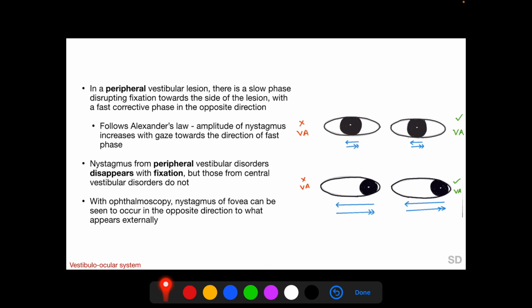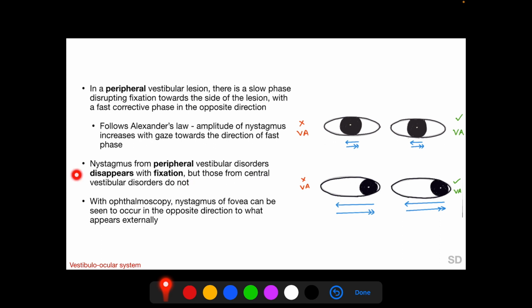And it follows Alexander's law, which states that the amplitude of the nystagmus increases with gaze towards the direction of the fast phase. So when the patient takes on a gaze in the direction of the fast phase, the amplitude of the nystagmus increases. When the patient takes a fixation, nystagmus from peripheral vestibular disorders disappears, but those from central vestibular disorders do not.